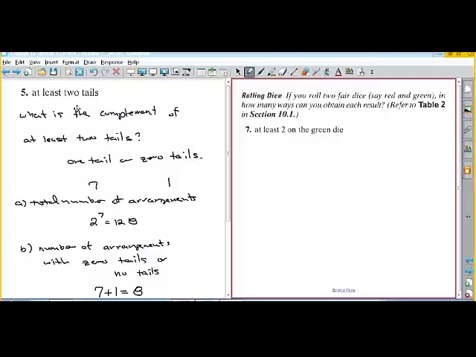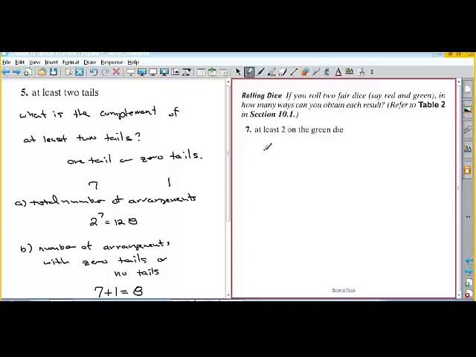If you roll 2 fair die, say red and green, in how many ways can you obtain each result? So does anybody remember back from section 1 how many possibilities if you roll 2 die? 36, because there's 6 possibilities on the first one and there's 6 on the second one. You multiply that together, you get 36. So to answer this question, at least 2 on a green die.